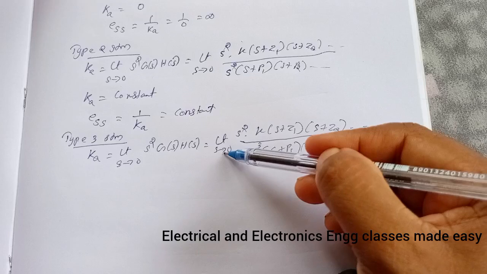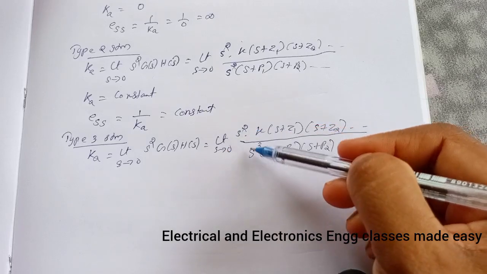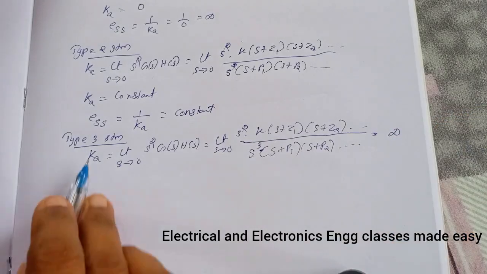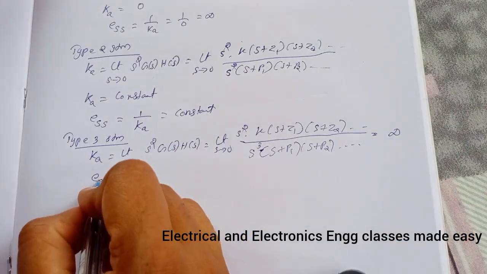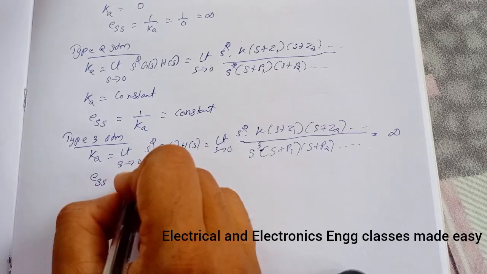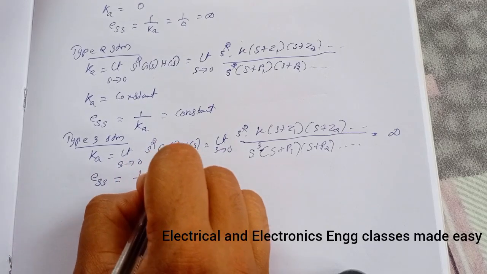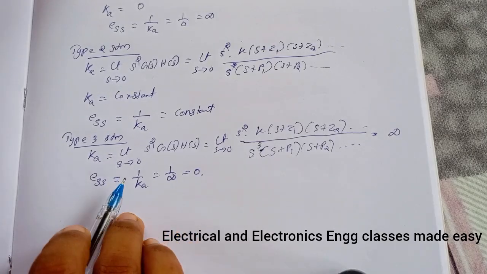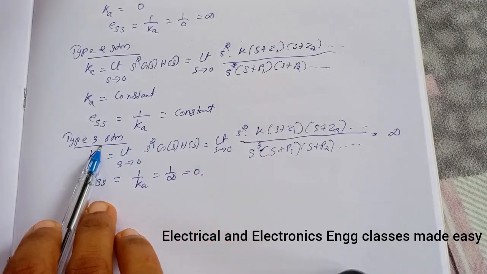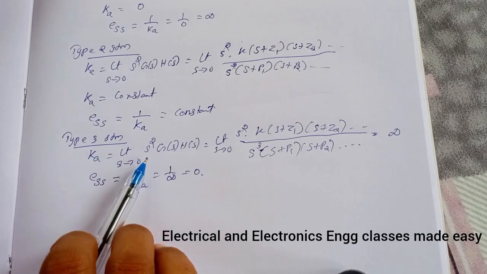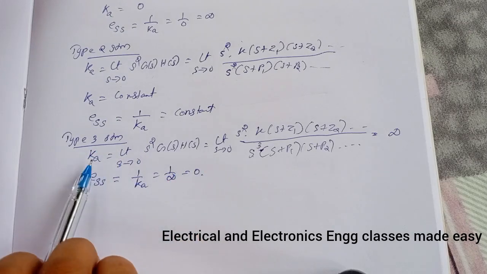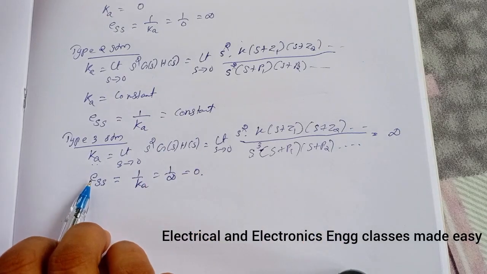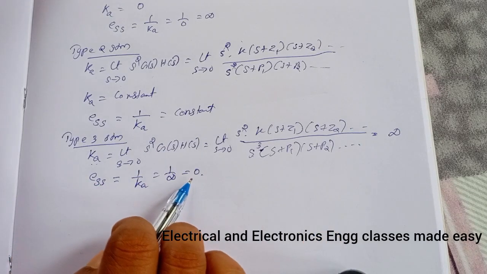So while applying s tends to 0 limit we get 1 by 0, that means infinity. So Ka is equal to infinity, and we have steady state error ESS equal to 1 by Ka, and that is equal to 1 by infinity equal to 0. So in systems with type 3 and above, for unit parabolic input the value of Ka will be equal to infinity, and hence the steady state error will be equal to 0.